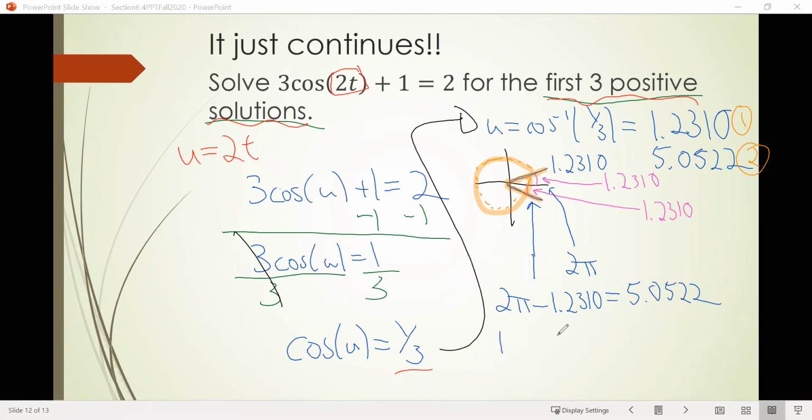So to find that last answer, we take 1.2310 and add 2 pi to it. When we do that, we end up with 7.5142, and that would be our third answer.